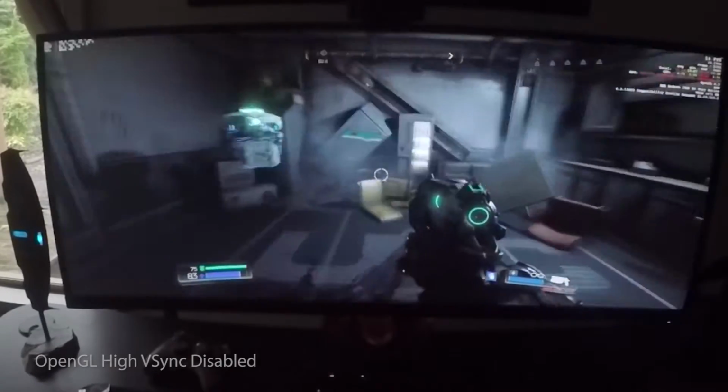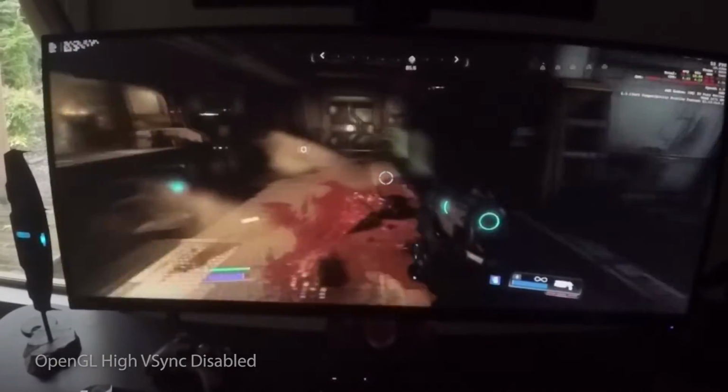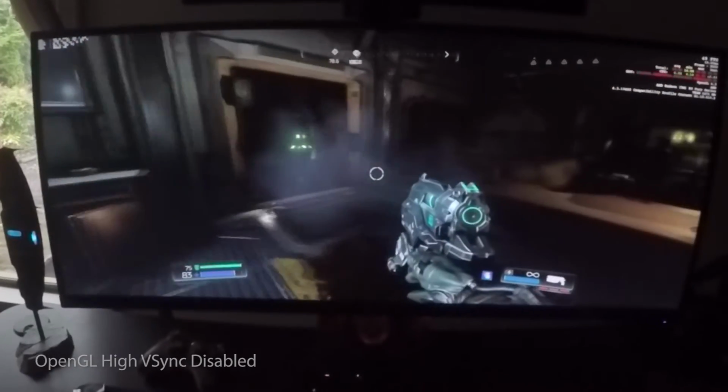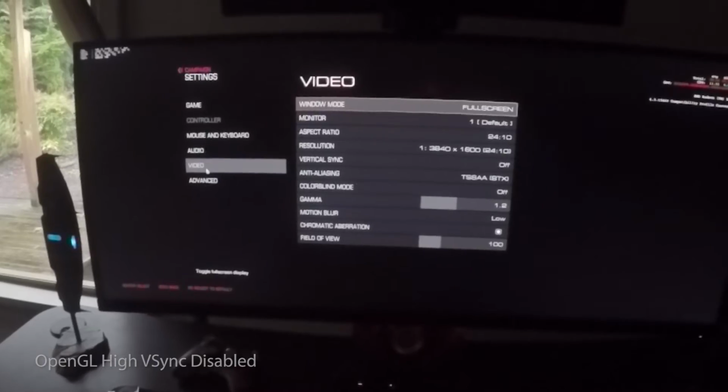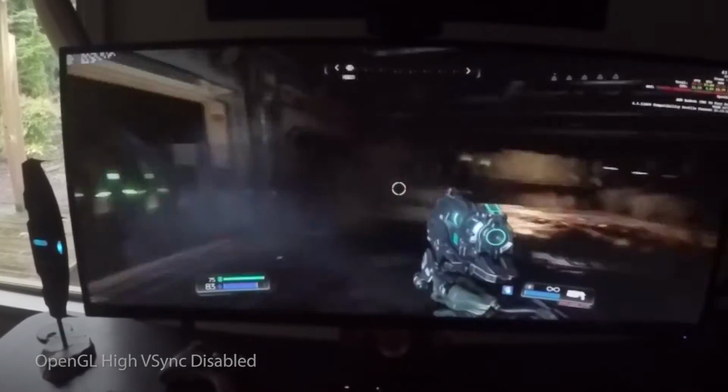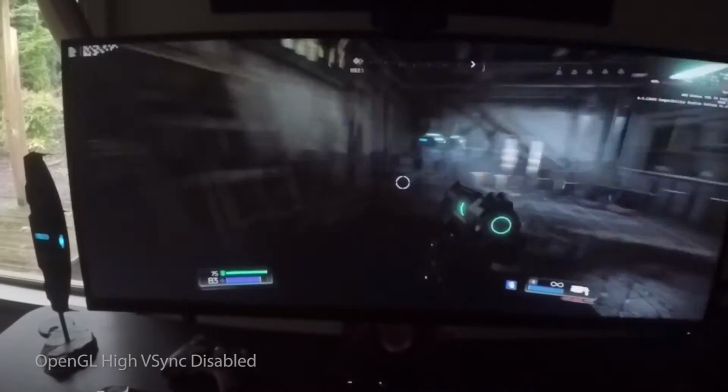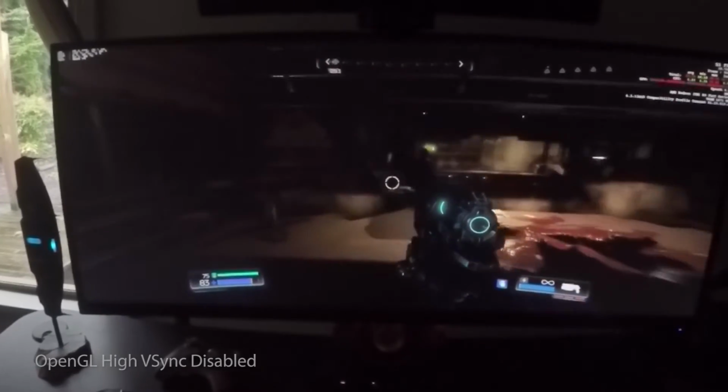Okay, it just feels really smooth in general. Now, keep in mind, I do think I have VSync turned off at the moment. Let's take a look. Yeah, VSync is off, and it's running great. It just feels really smooth.